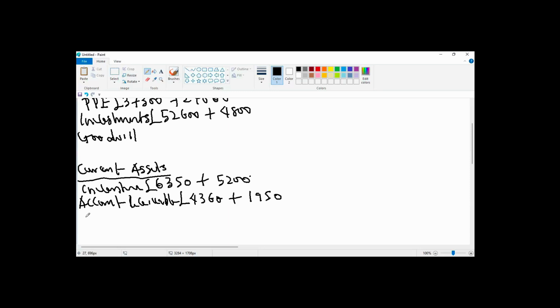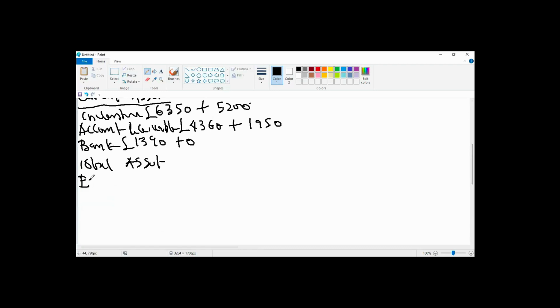Then bank: 1,390. Total assets. We'll go to equity and liabilities.